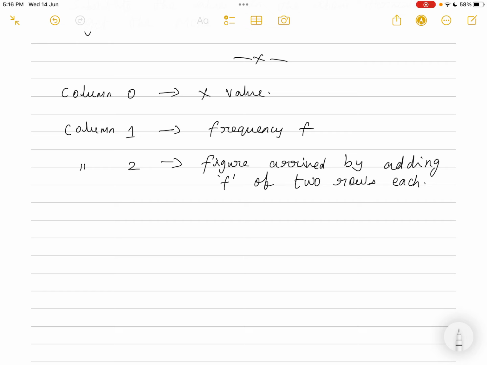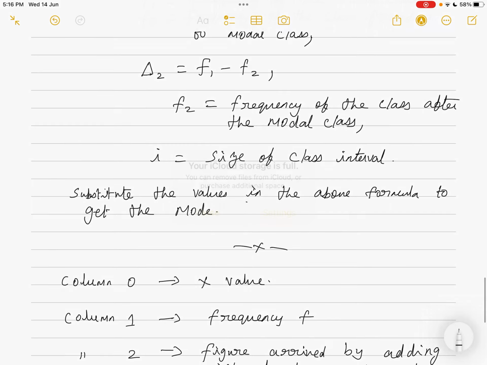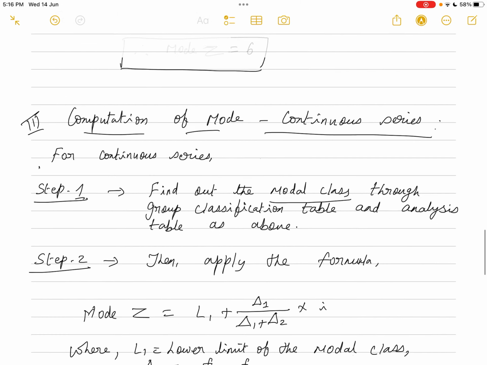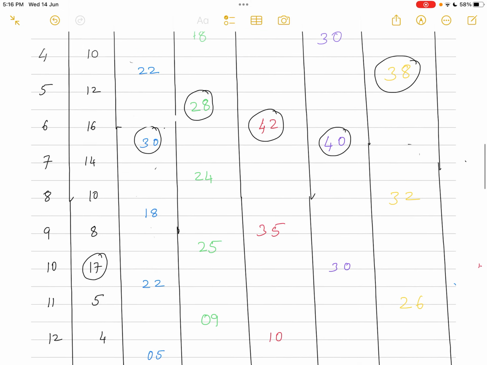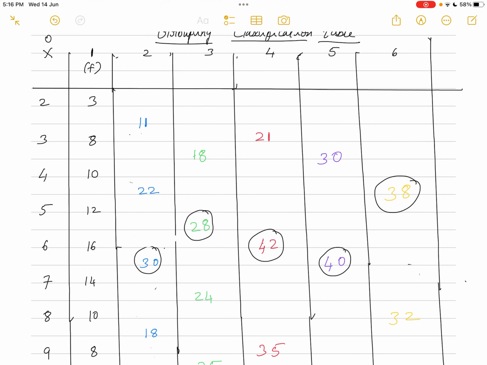So what it is given, column 2 is the figure arrived by adding f of 2 rows each. Now let us check out what is the figure arrived by adding f of 2 rows each. So what is the 2 rows here? This is the first row, and this one is the second row, isn't it?